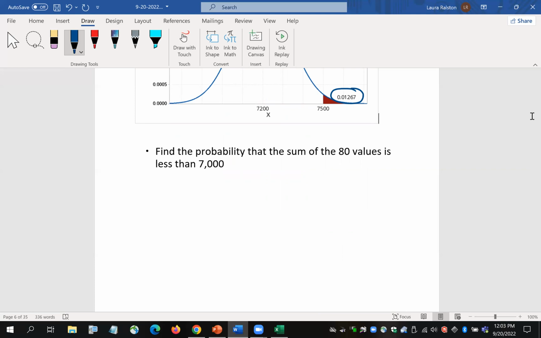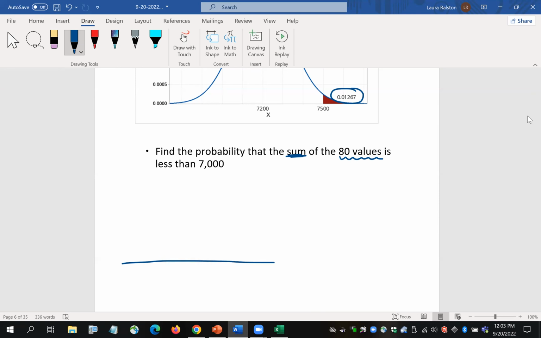Okay, so in this one you still have the unknown distribution, mean of 90, standard deviation, but you're going to select 80 values. What is the probability, to find the probability, the sum, again, notice you've got the word sum in there, of the 80 values, so you've got a group, is less than 7,000.